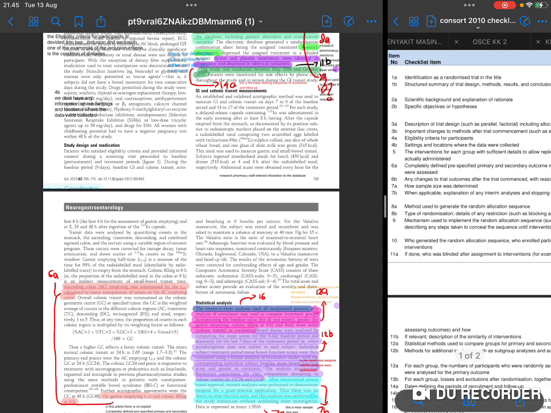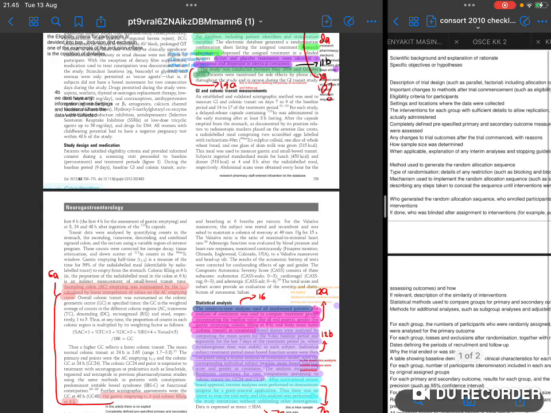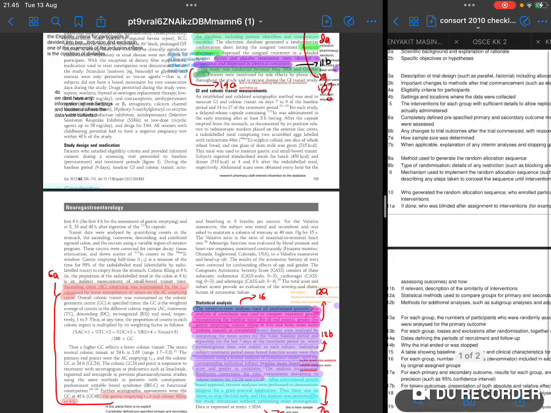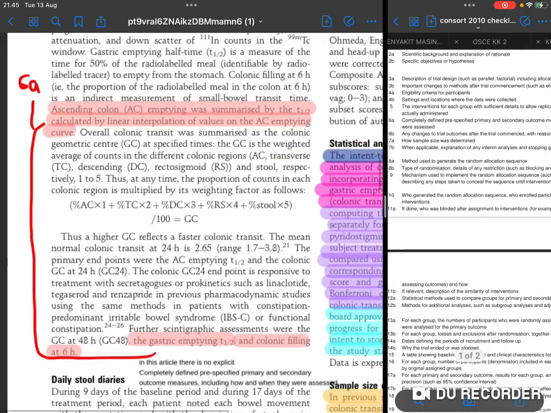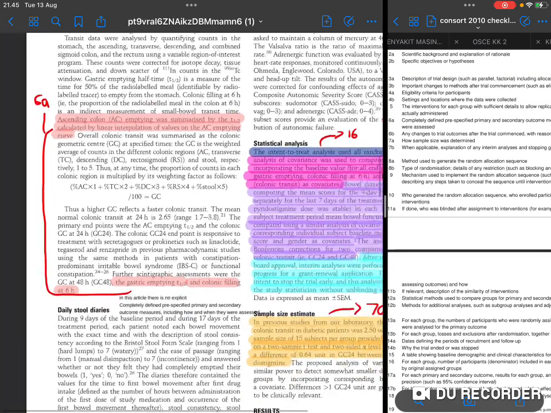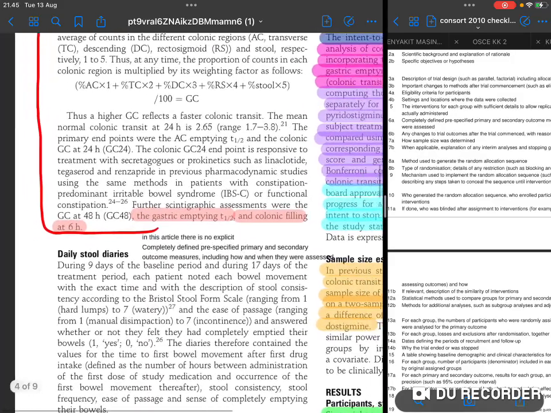And then we move to the outcomes. The outcomes, we could see how the outcomes are measured, including how and when they were assessed. Over here, as we can see in the pink highlight, the AC and tying was summarized by the blah blah blah and etc. Here is containing the outcome.